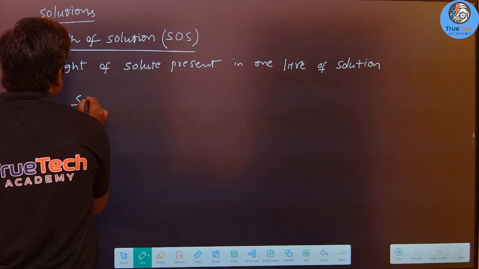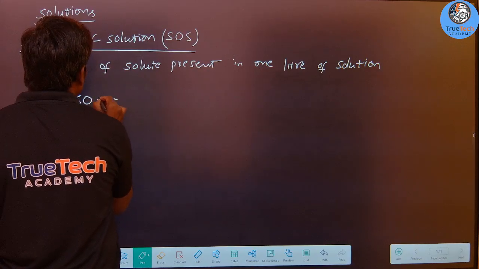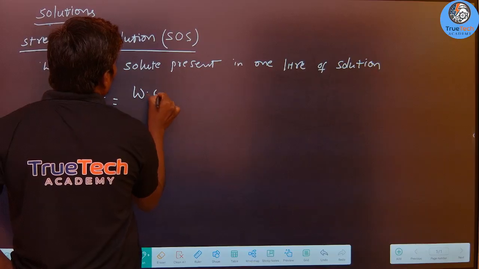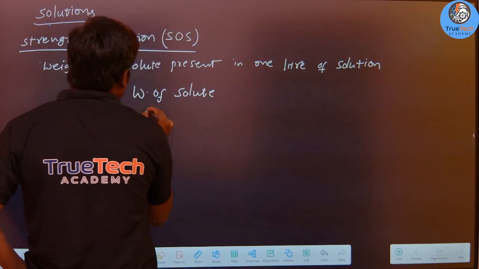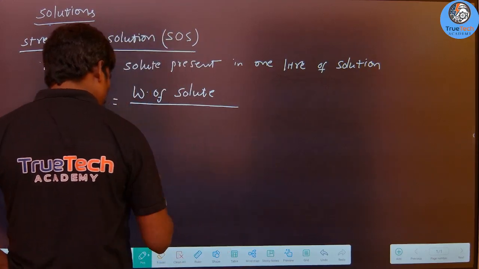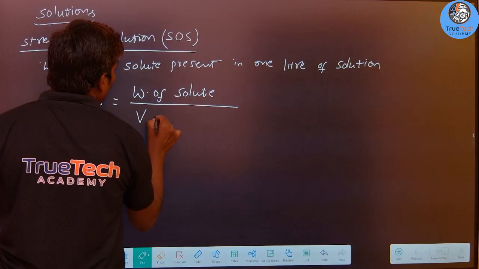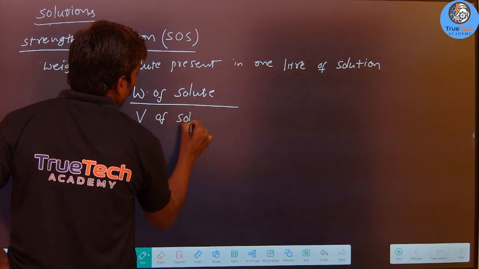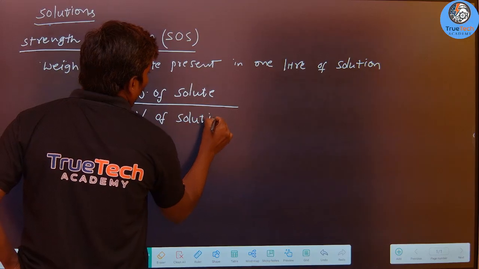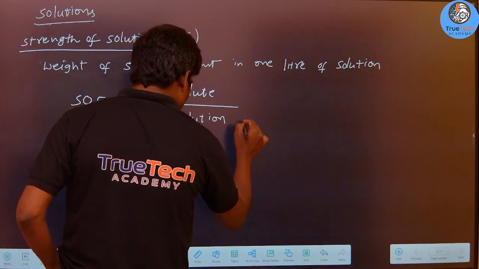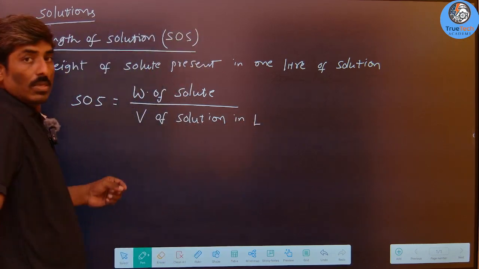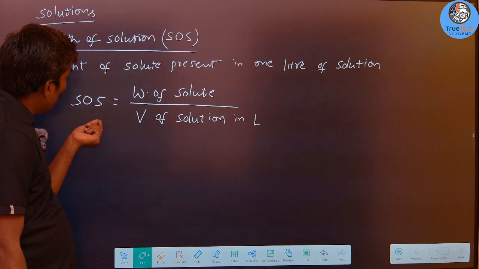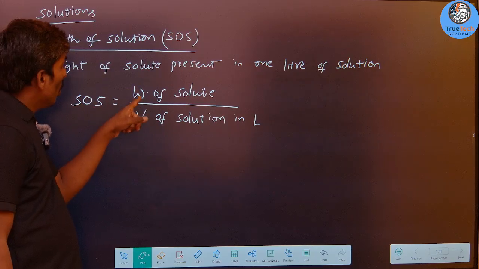strength of solution equal to weight of solute by volume of solution in liters. So the formula is strength of solution equal to weight of solute by volume of solution in liters.